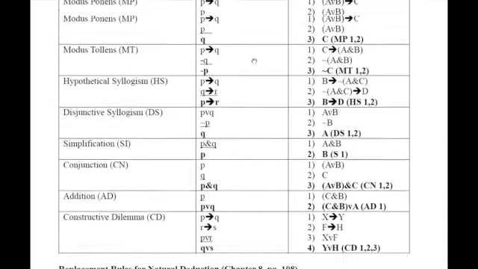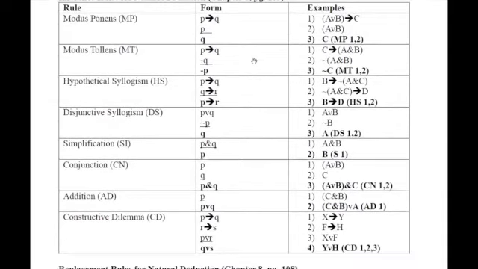There was only one rule in the inference rules that allows us to introduce a completely new proposition into the mix, and that's the addition rule. See right here, we have P. If we have P, then we can infer that P or Q.